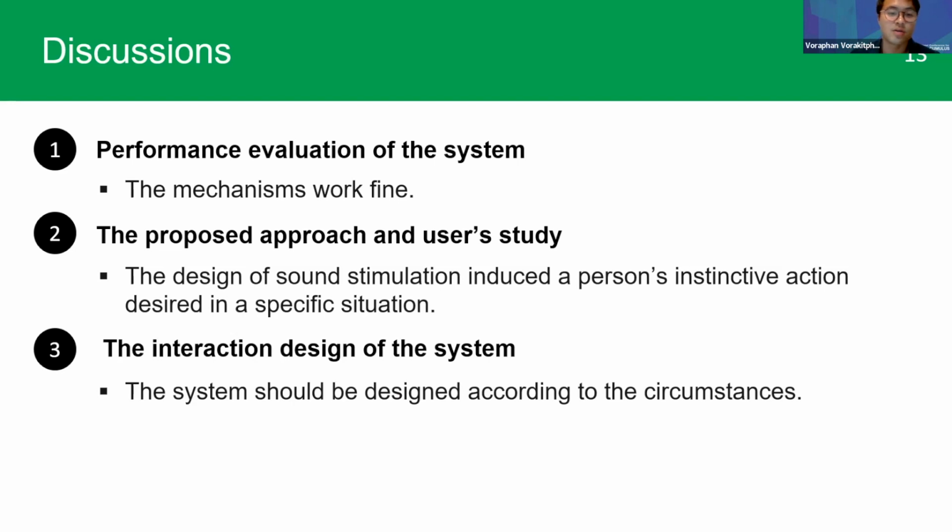And the third concerns the interaction design of the system, as the reviewer raised the question. In general, the seating position is not exactly correct. So how do we deal with this issue? We answer that in our experiment, we use the bench as a mark on the position so that the participants can sit in the correct position.